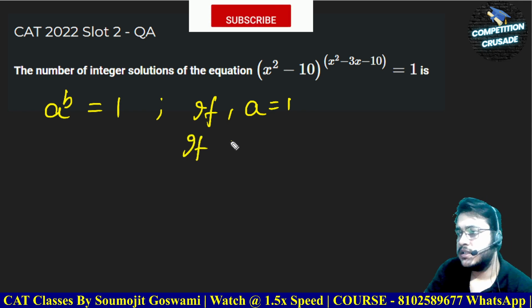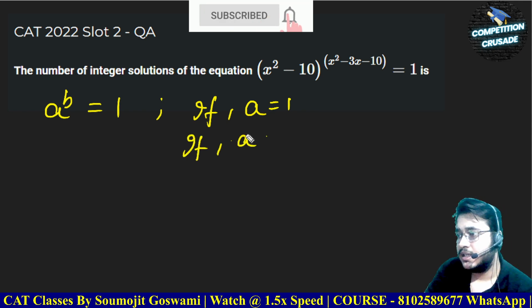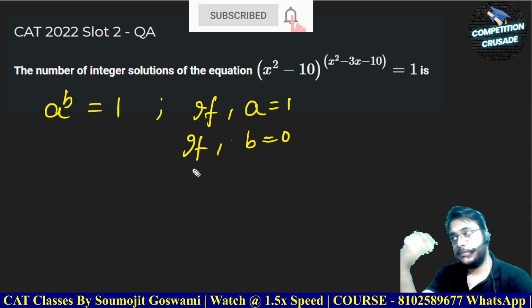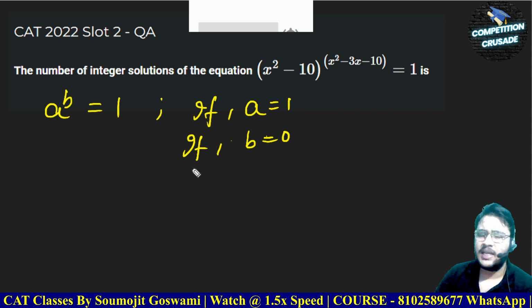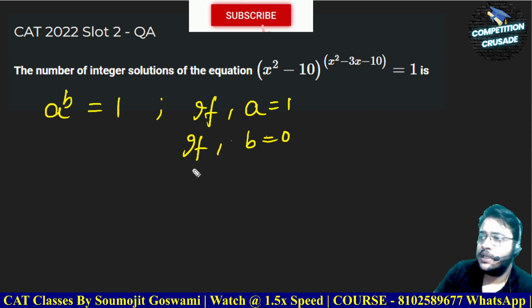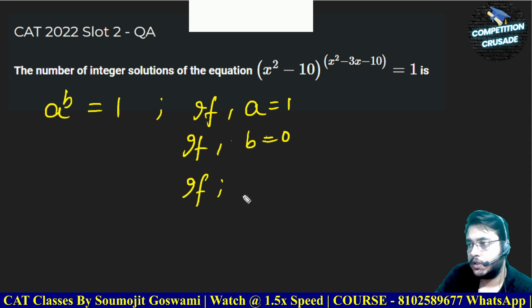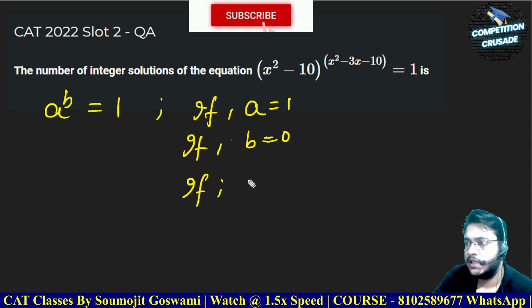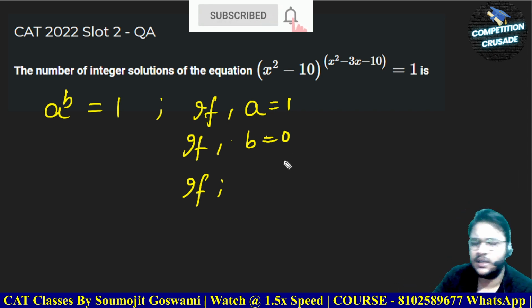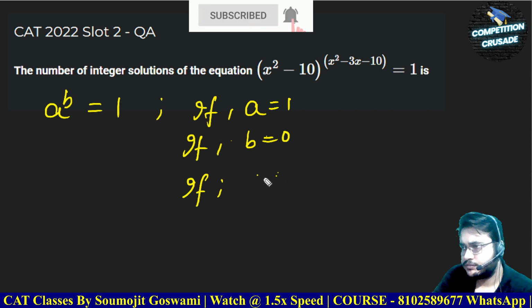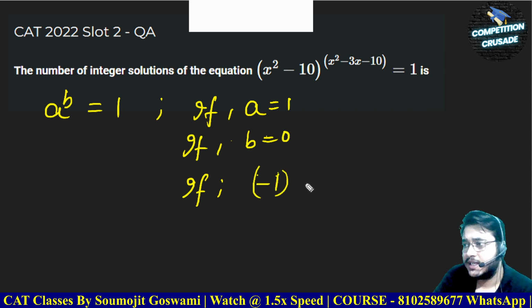Another condition is if b is equal to 0. There is one more condition that can potentially make any a raised to the power b equal to 1, and this is important. This is what practice teaches you, because you will not find these types of questions in previous CAT papers.